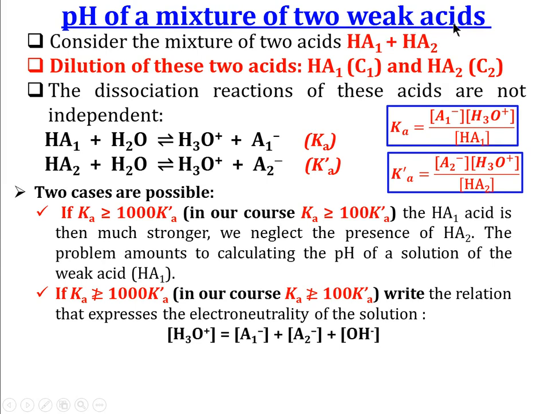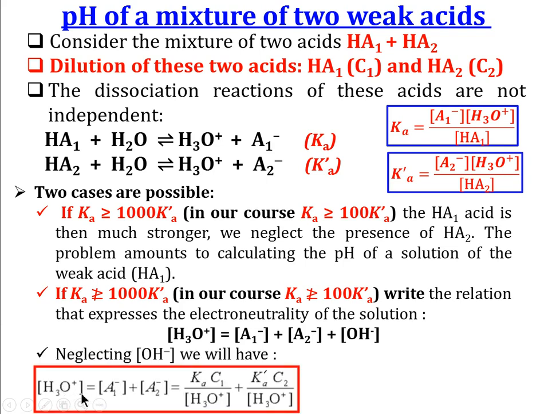And since we have two acids, the medium is acidic, so OH minus can be neglected in this case, and we will obtain H3O plus equal A1 minus in the solution at equilibrium plus A2 minus in the solution at equilibrium.